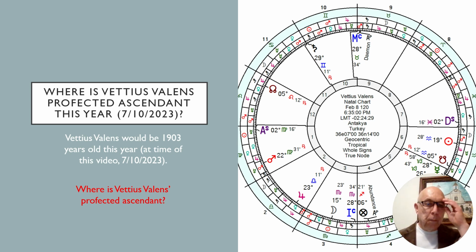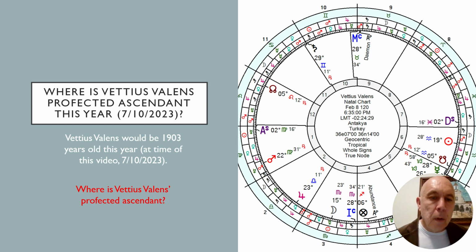Now, let's look at this one. Where is Vettius Valens' ascendant perfected to this year? Now, I'm making this video on July 10th, 2023, and Vettius Valens would be 1,903 years old this year.